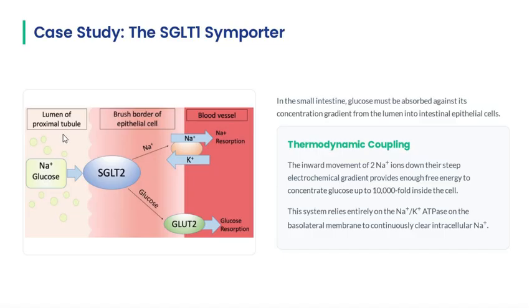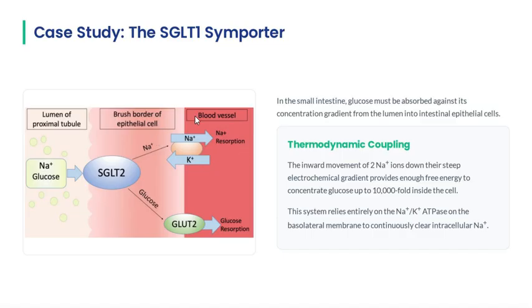So we have the lumen of the proximal tubule, the brush border of epithelial cells, and the blood vessels, and you see the process which the glucose goes through here. The glucose moves down into the GLUT2, and that's where the glucose reabsorption happens. But then the Na+ also moves upwards and goes into the blood vessels.